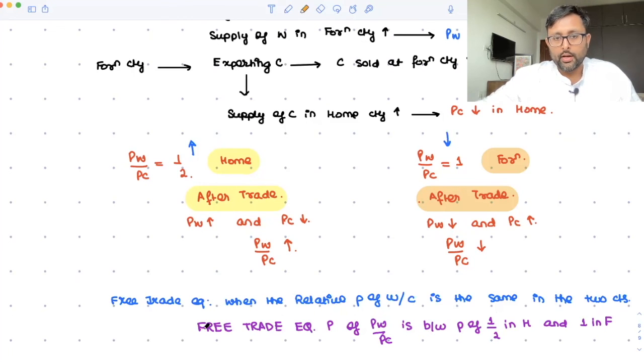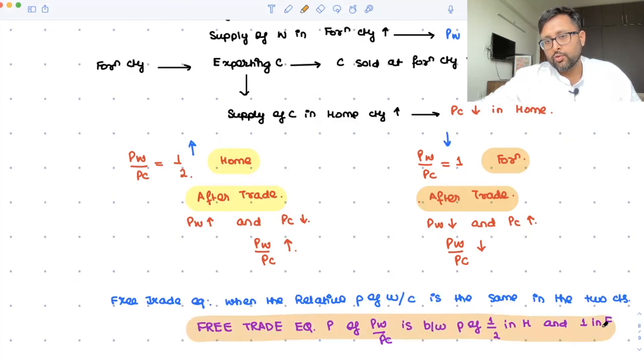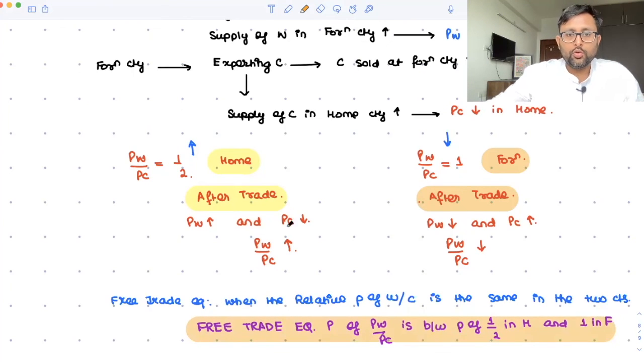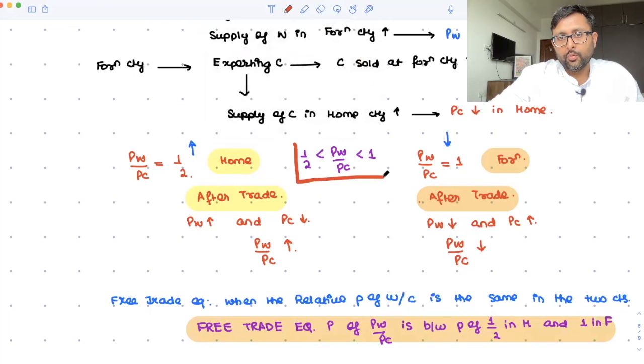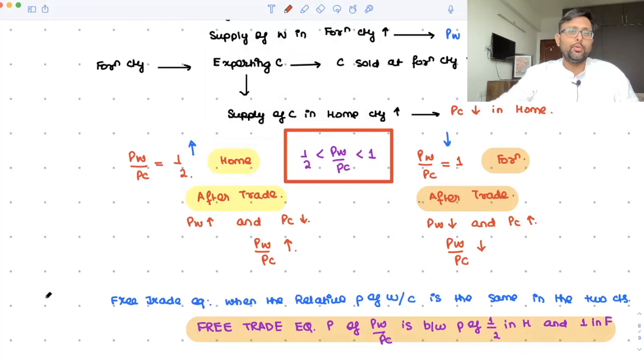It's going to be like this. So the free trade equilibrium price is going to be between half and one. This is what my free trade equilibrium price is.